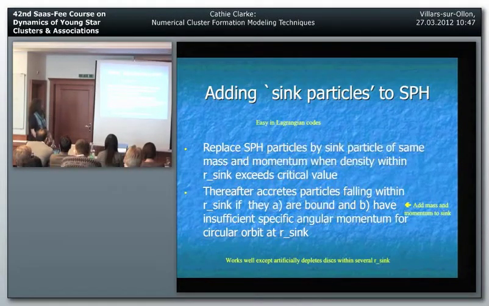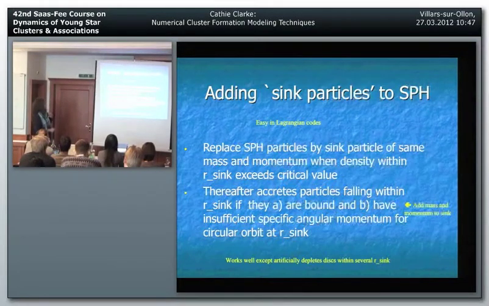And then having defined what the radius of this sink is, you just have a criterion that any particle that falls within this radius, if it's gravitationally bound and doesn't have enough angular momentum to have a circular orbit at that radius, then you say it joins the sink.